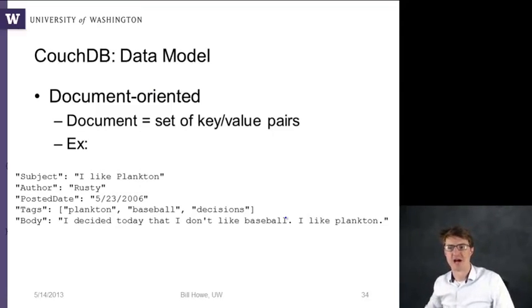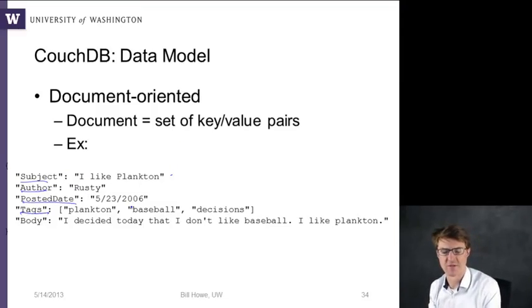So the data model here is document-oriented, as we said, where a document is a set of key value pairs. In this application, these are perhaps blog posts where they have a subject, the key is subject and the value is some text string, and they have an author, and a date on which they're posted, and then they have a set of tags, and this is what makes it a document model. We said they could be nested, so it's okay to have a list of objects here.